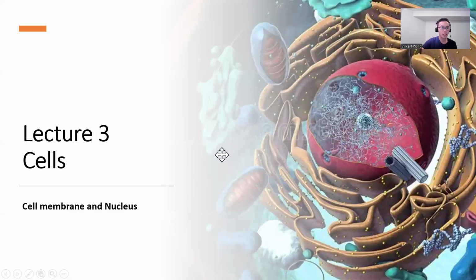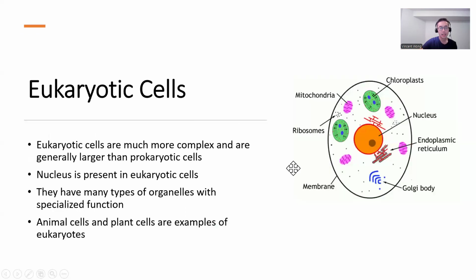Okay, moving on. We have the cell membrane and nucleus. If we look at cells, we can categorize them into two groups. We have what's called the eukaryotic cells. Another name for it is eukaryotes.